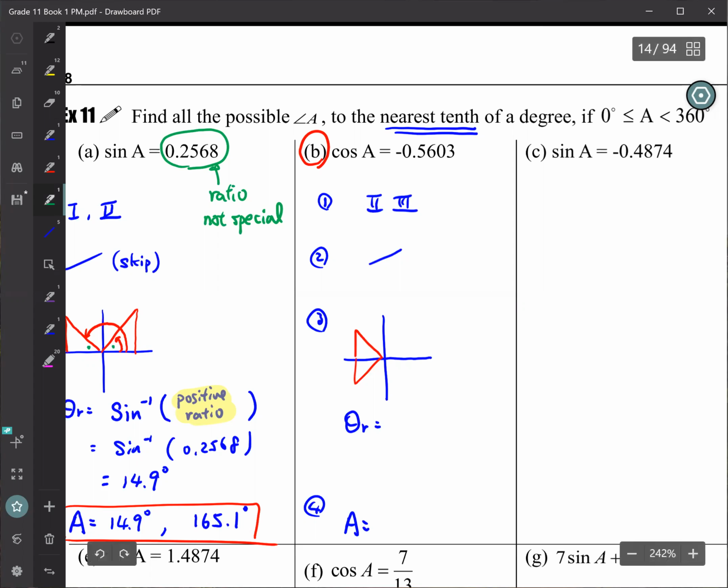Okay, let's put in the green dots and then what? You write out the equation, which is cosine inverse 0.5603. And what do you have?